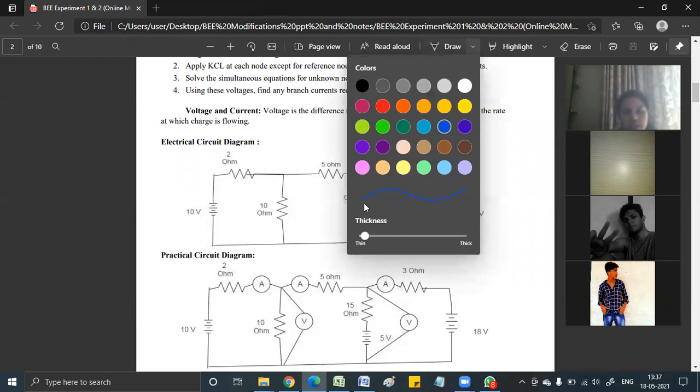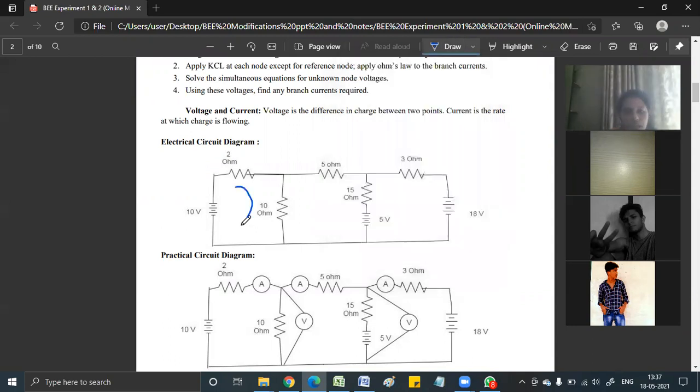What information does it give? You all found out what is the current through this branch, right? So you found out this current, right? So in mesh, you find out what is the current that is flowing through the meshes, right? So from these three, you found out the current.